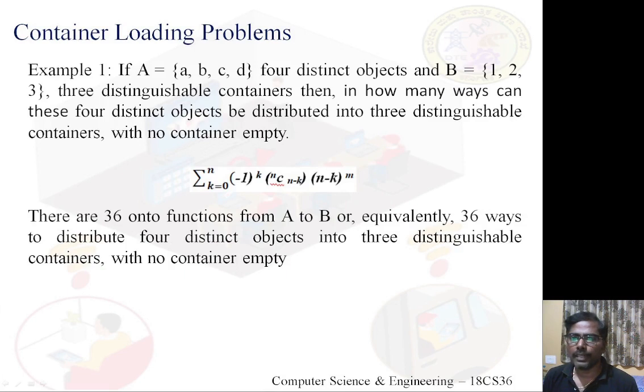Let us have a look at an example of container loading problems. Example 1: set A, which consists of 4 elements A, B, C, D, represents 4 distinct objects, and set B, which consists of 3 elements 1, 2, 3, represents 3 distinguishable containers.